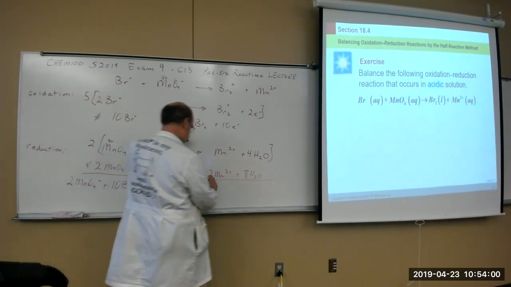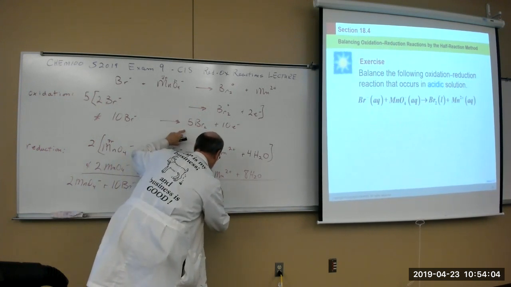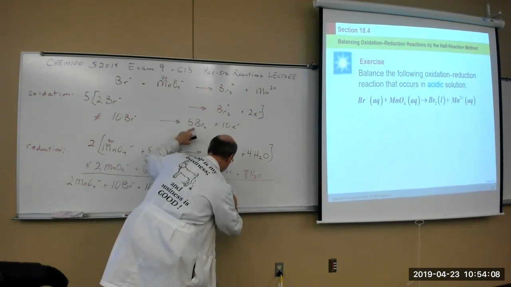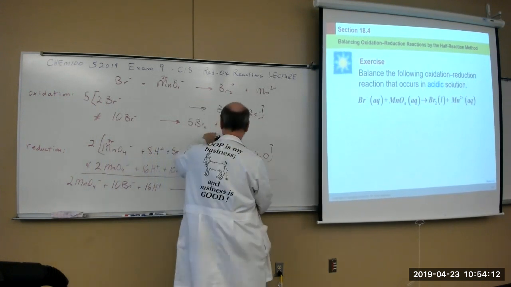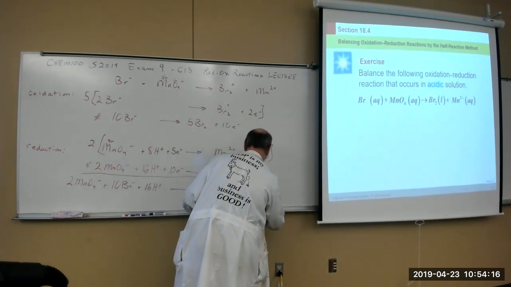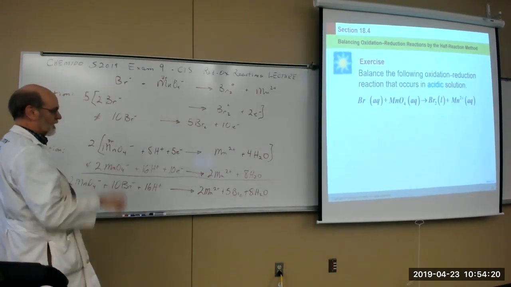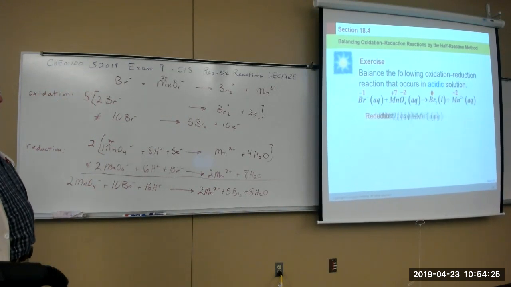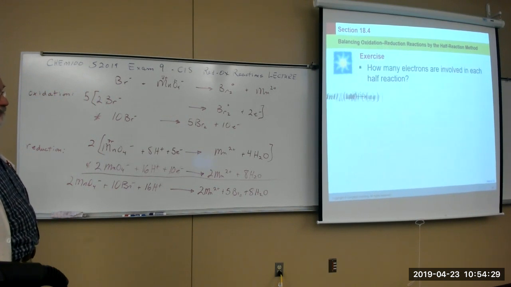And then here we have 2 manganese ions plus 5 bromine molecules and 8 waters. Okay, so that's our balanced equation in acidic solution for this reaction.